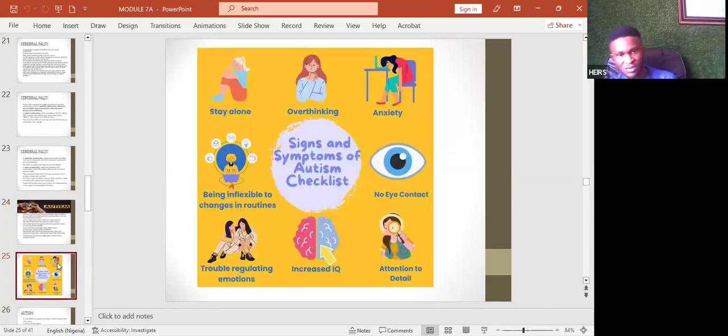So this is a picture. How do you know if someone seems to have autism? Those are the symptoms of autism: staying alone, overthinking, anxiety, no eye contact, attention to details, increased IQ, trouble regulating emotions, and being inflexible to change in routines.